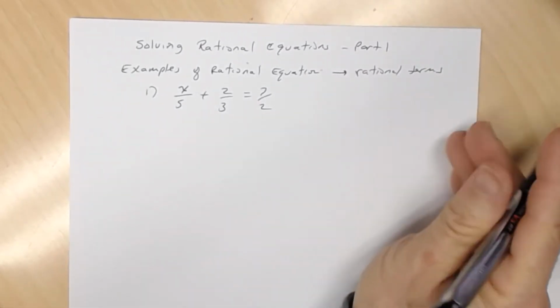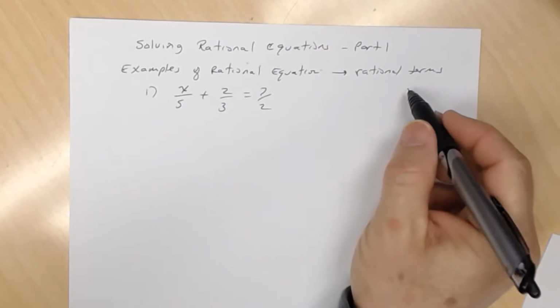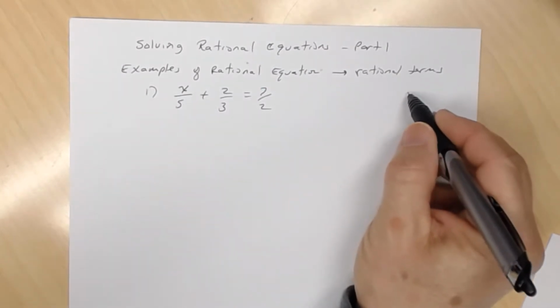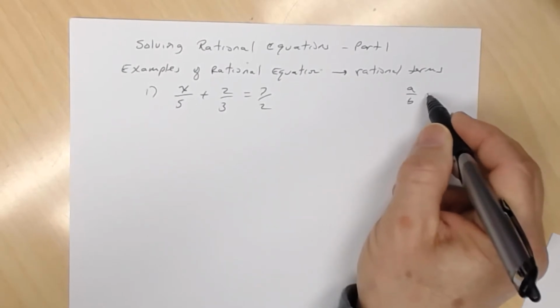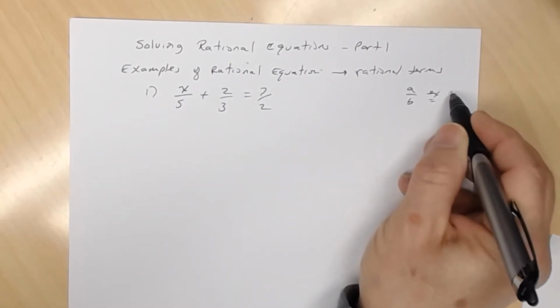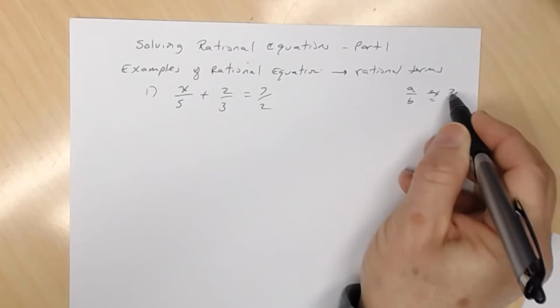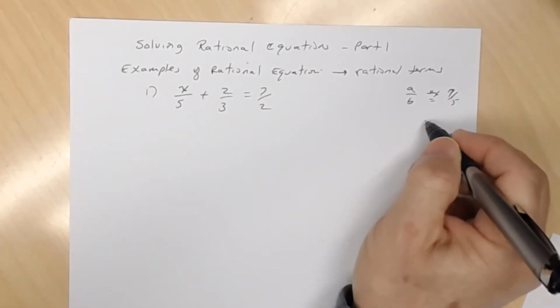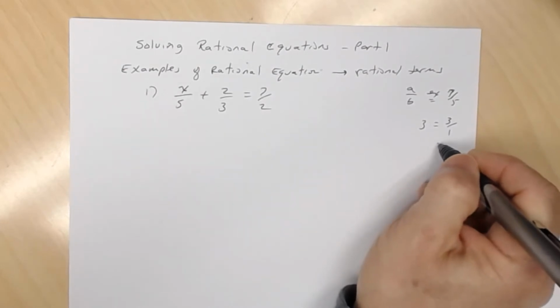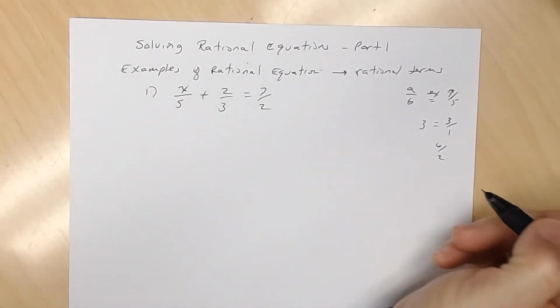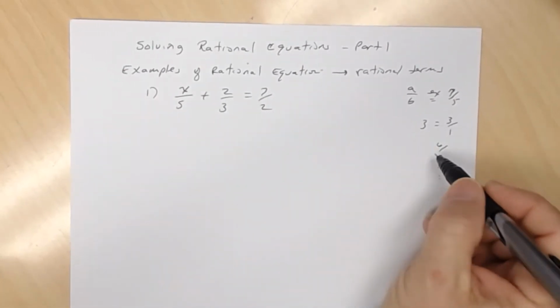Now remember, a rational number is any number that can be written like a fraction, a over b, such as 7/5. 3 would be a rational number because 3 can be written as 3 over 1 or 6 over 2, and so on. So there's an infinite number of ways of writing 3.